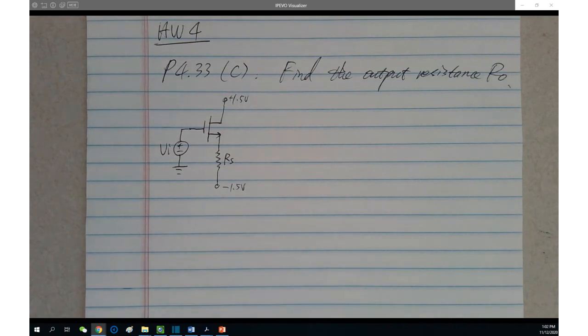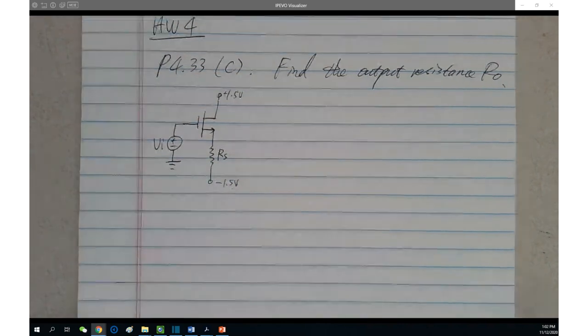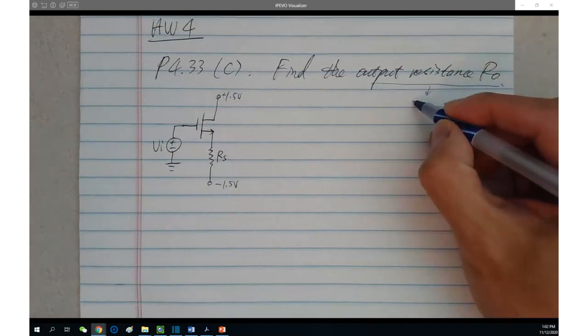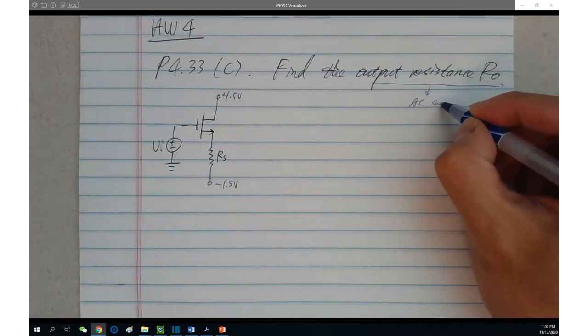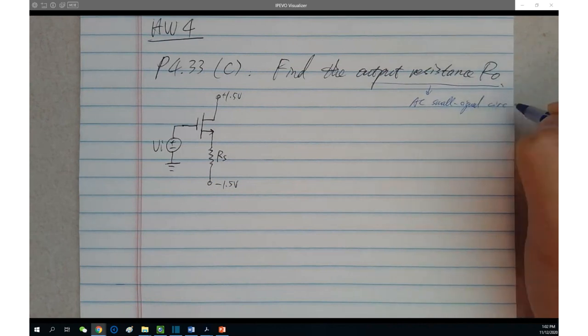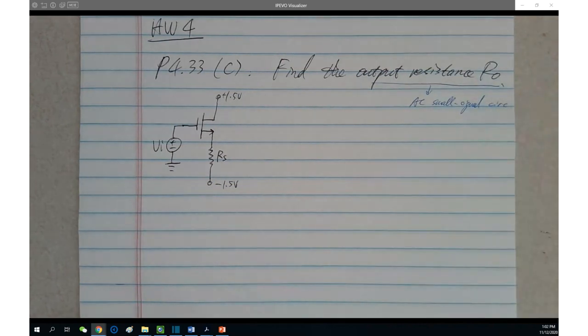Let's see how to do this. First of all, you need to understand that this output resistance R0 refers to the AC small signal circuit. It's not talking about the DC. DC takes care of the biasing, trying to locate your Q point where you want, and that's it.